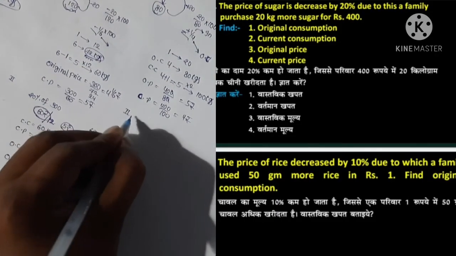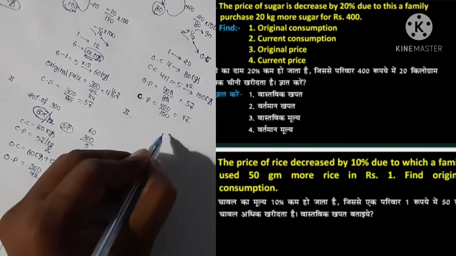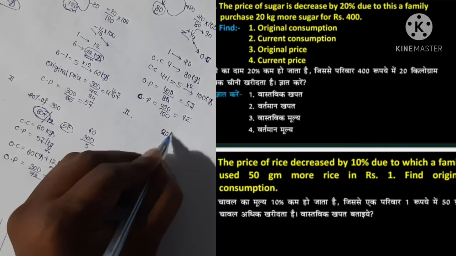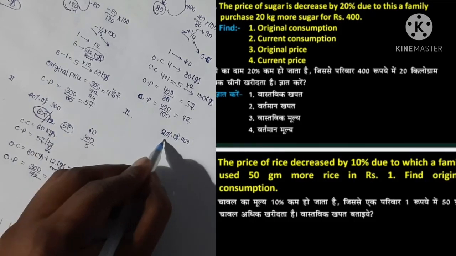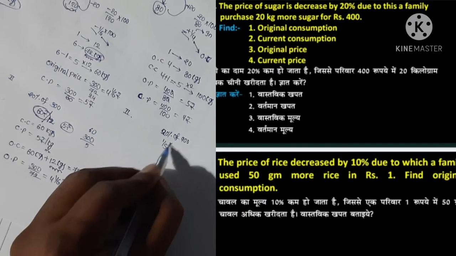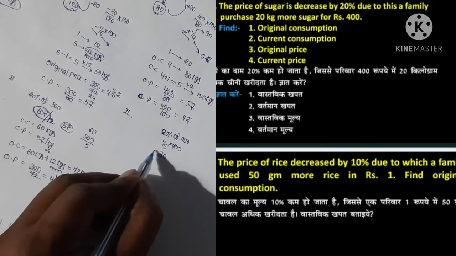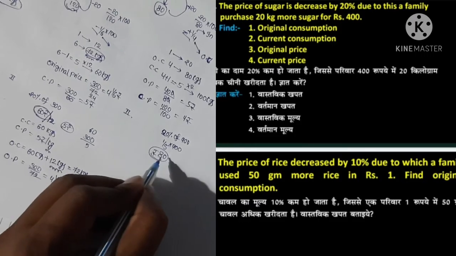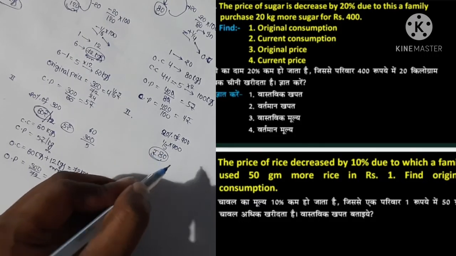So how can I solve this question in another way? So the price of sugar is decreased by 20%. That means 20% of 400. So 20% is 1/5. 1/5 into 400. So value is 80. For this 80 rupees, a family purchases 20 kg more sugar.